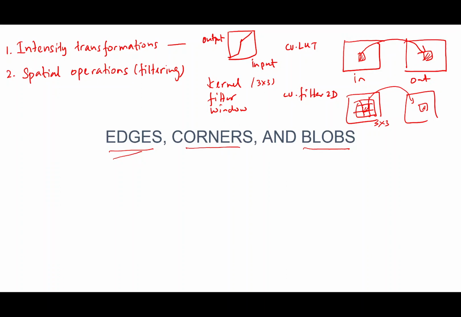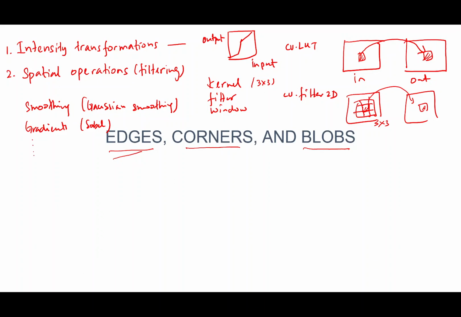So with spatial filtering, we are able to do smoothings like Gaussian smoothing, or average filtering, or we can compute gradients using, for example, Sobel kernels and so on.